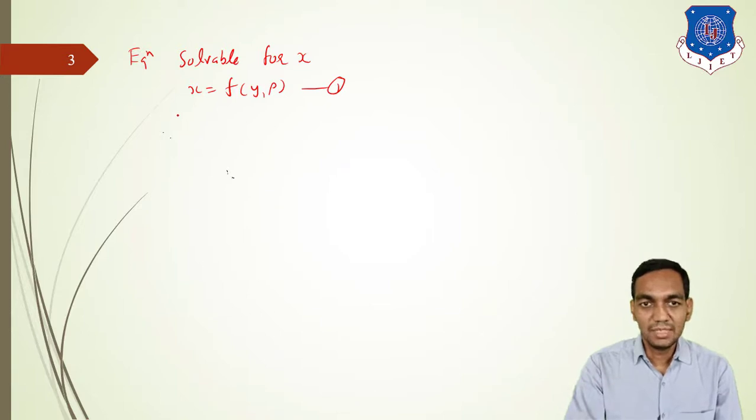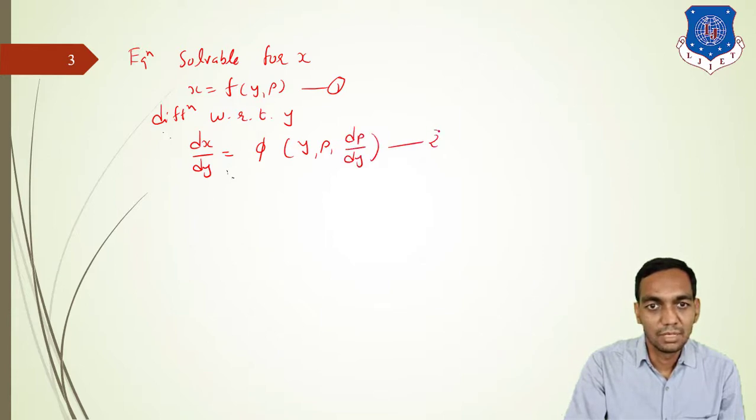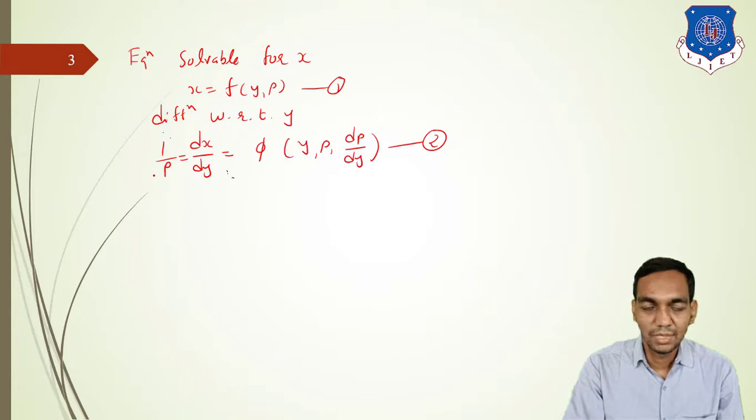So the method is same as we have done in solvable for Y. Here you have to differentiate with respect to y. That will give you dx upon dy is equal to some function of y, p and dp by dy. Now dx by dy is nothing but 1 upon p, correct?